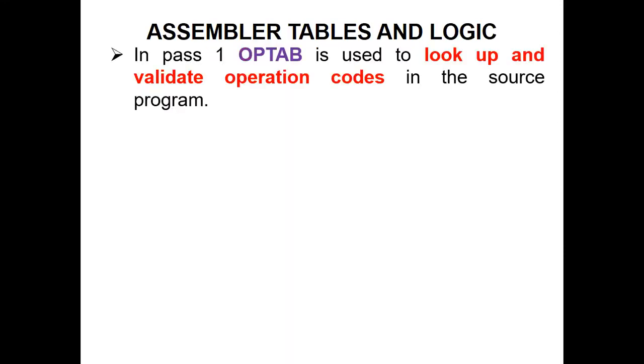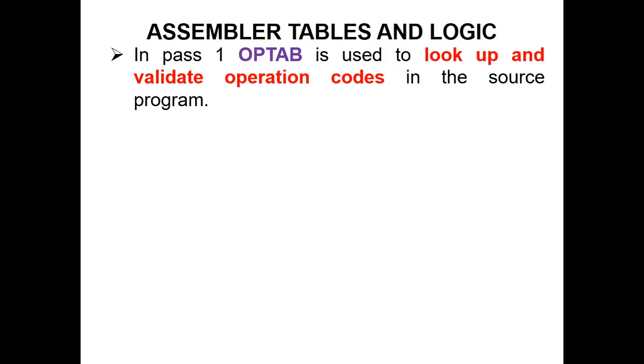During pass 1, OPTAB is also used to look up and validate operation codes in the source program. Pass 1, the main function, like I said, is to generate addresses. But there is also something else done during pass 1: validating the operation codes, to make sure that you wrote the right code.